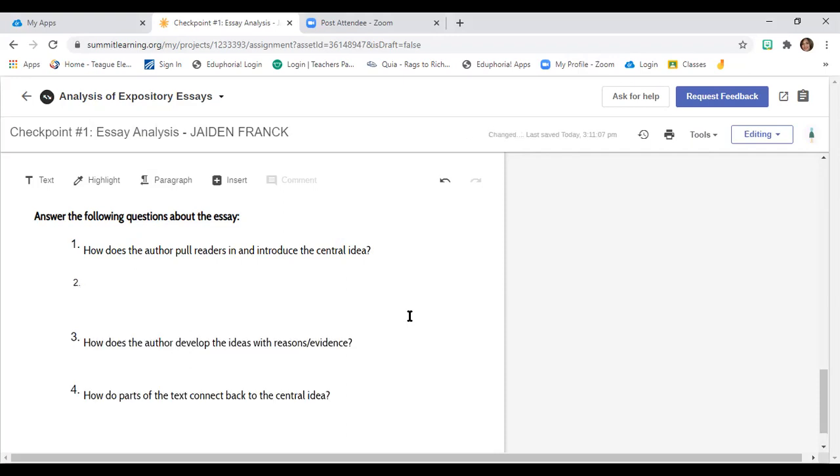Instead of starting like a question, how does the author pull readers in and introduce the central idea, I can just put: The author pulls readers in and introduces the central idea by using, and then you will give me your answer.